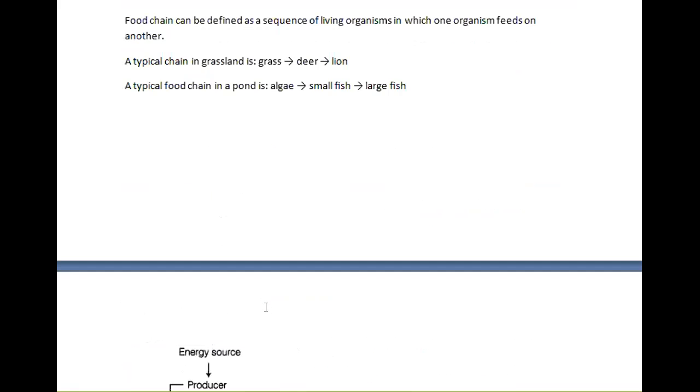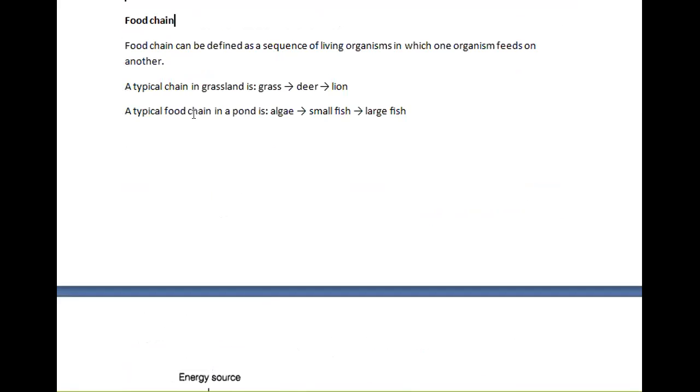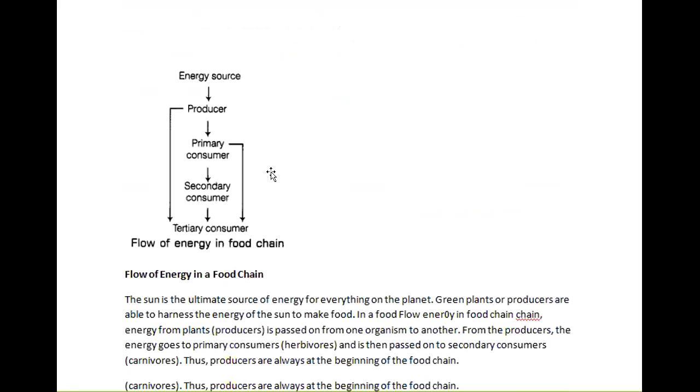Now, let us see the food chain. That is, a deer eats the grass and the lion eats the deer. In a pond, fishes eat algae and a large fish consumes the small fish. So food chain is nothing but how energy flows from a small to a complex organism.